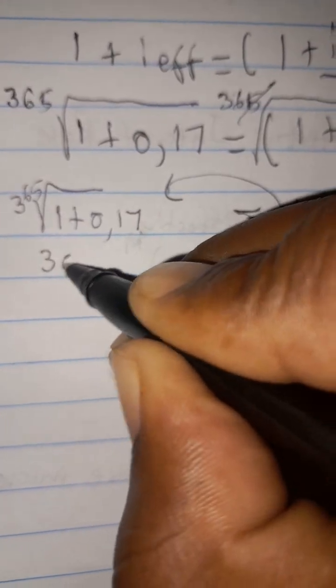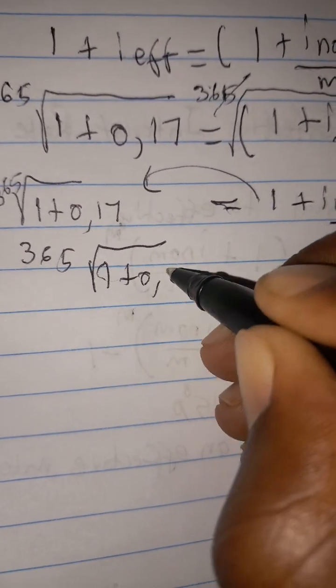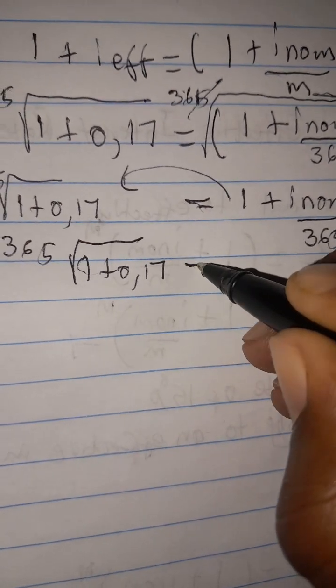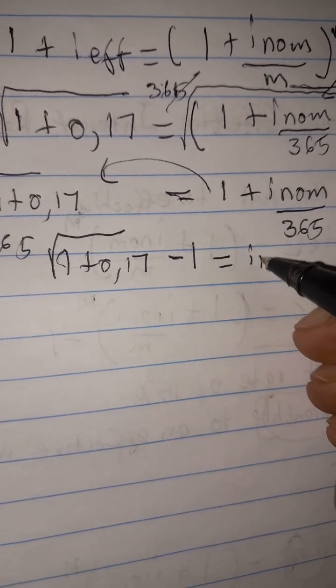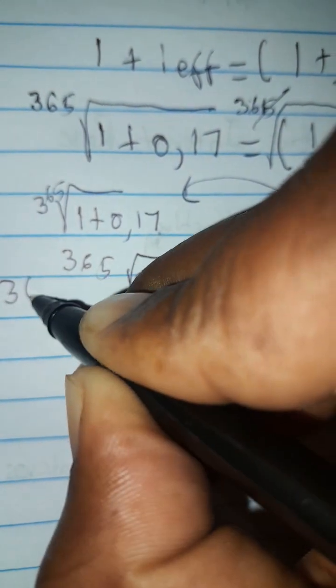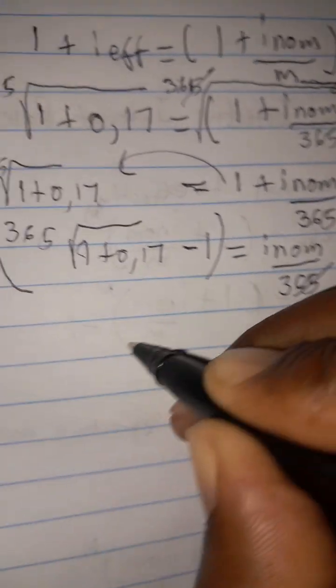So we are going to have the 365th root of 1 plus 0.17, minus 1, which is equal to I norm divided by 365. So I can multiply both sides by 365. Let me put this into a bracket. We can see that this and this cancel.